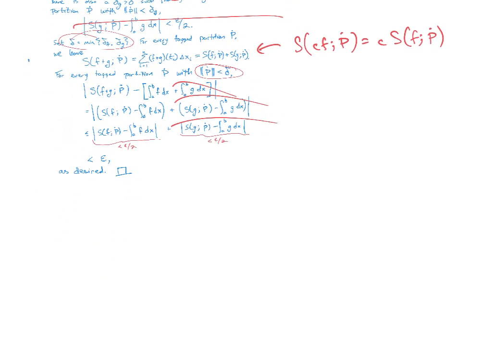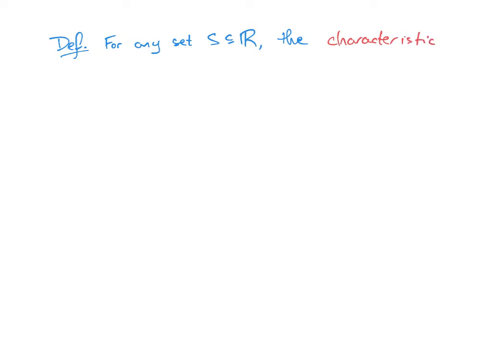Okay. So now we're going to move up from constant functions, which, again, I claim it's easy to integrate, even though I didn't show you, to characteristic functions. So let's define them first. So let's say we've got a set S, and we're going to define its characteristic function.